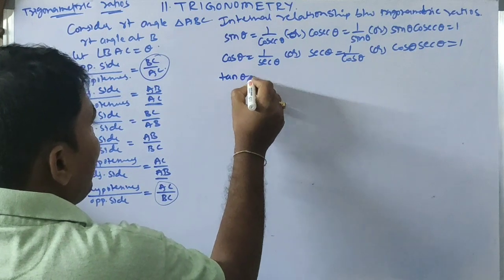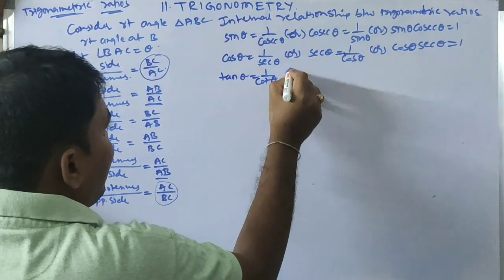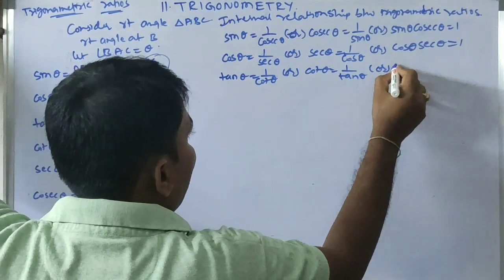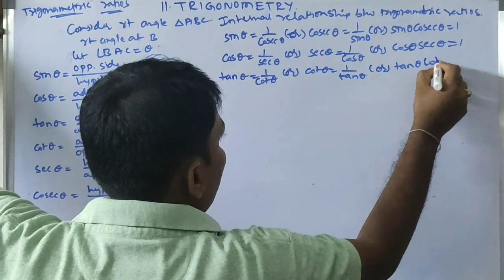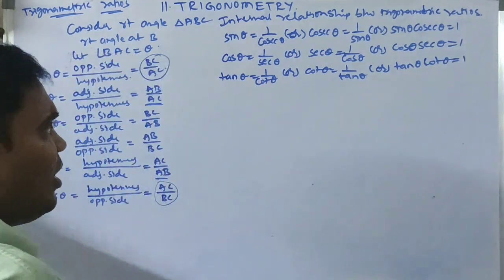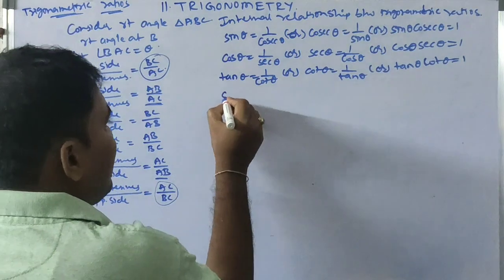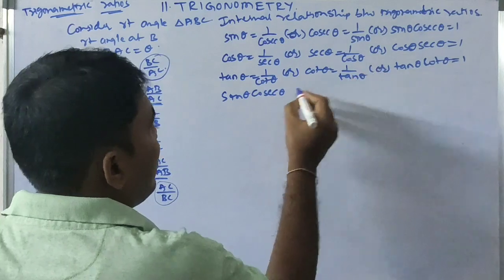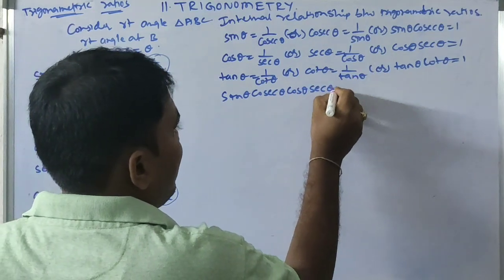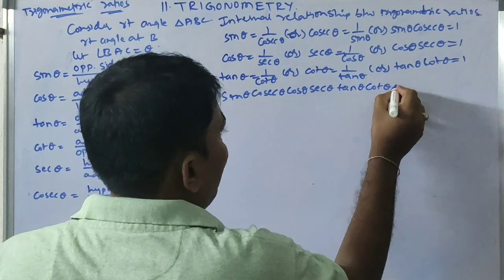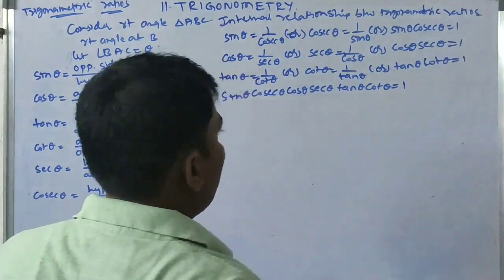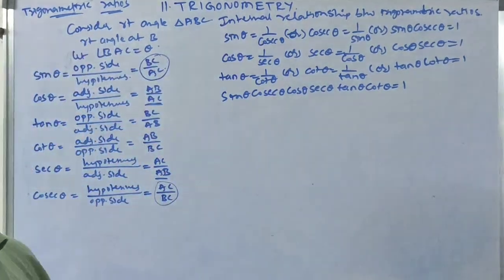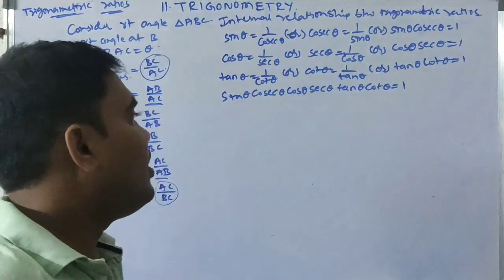Tan theta equals 1 by cot theta, or cot theta equals 1 by tan theta, or tan theta into cot theta equals 1. If we take the product of all of these, 1 into 1 into 1 equals 1. So the product of all the trigonometric ratios with the same angle is always equal to 1. This is one of the relations.